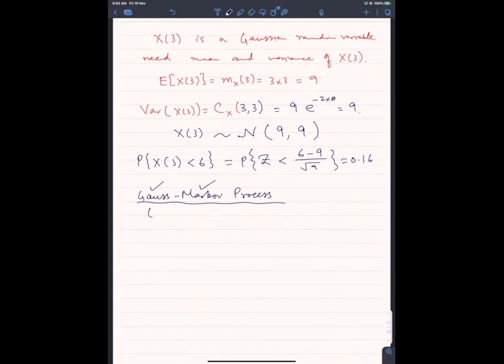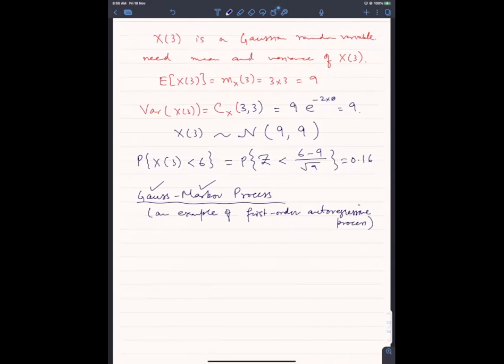It's a Markov process, which means that given the present, the past and future will be independent. Gauss-Markov process is also an example of a first order autoregressive process. First order autoregressive processes होते हैं.